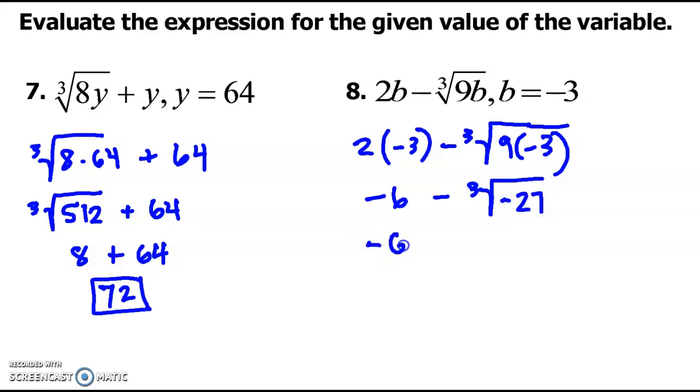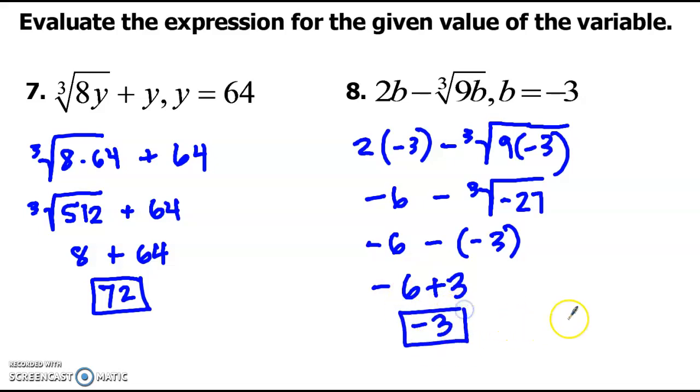And we saw earlier that the cube root of negative 27 is negative 3. So we have negative 6 minus negative 3. That's negative 6 plus 3. Simply going to be negative 3.